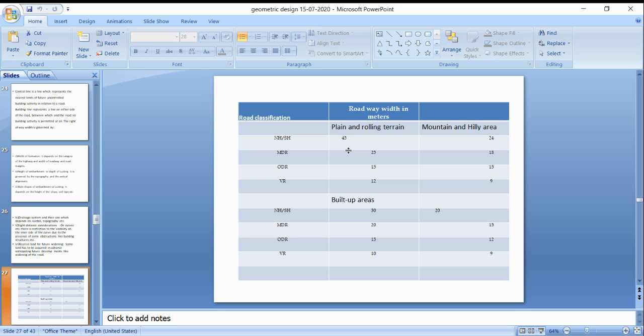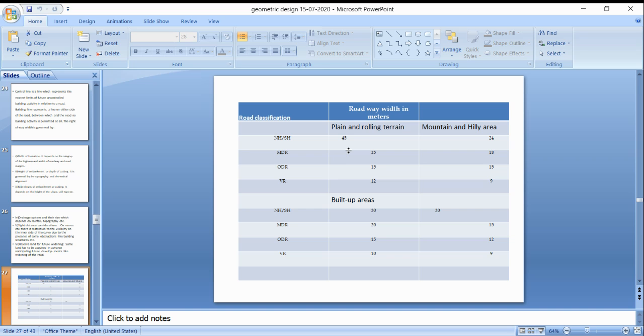So here we are seeing the right of way, the ranges for the national and state highways. In that you can see the normal ranges for open areas.